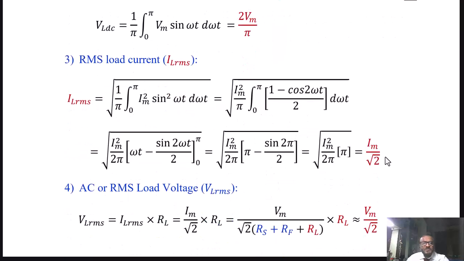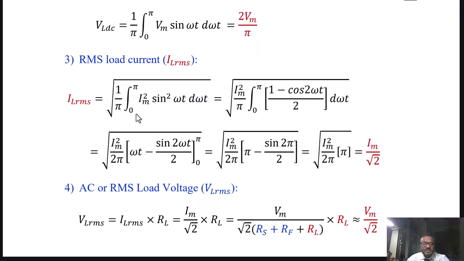Now RMS value of the load current we will find out, and it is denoted as ILRMS. It is the RMS value, that is root mean square value, and it is defined as the mean of square of the function under the radical sign. So therefore, here function is Im sine of omega t. So square of Im sine of omega t is Im square sine square omega t.